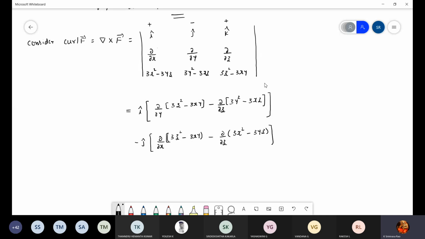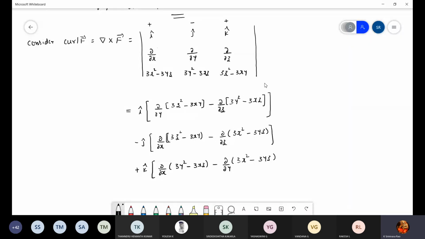And the last one, plus k cap into del by del x of 3y square minus 3xz, minus del by del y of 3x square minus 3yz.